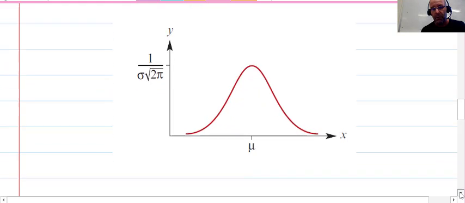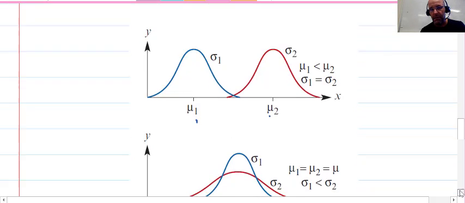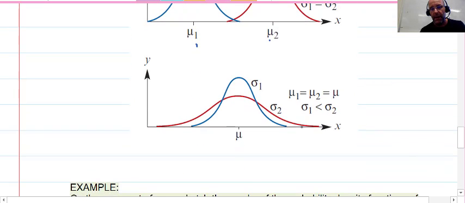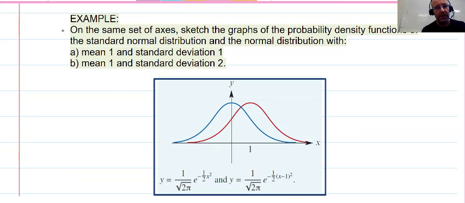Despite the means being different, these have the same area under the curve. We have different distributions here with the same mean. Again, the areas under the curve are preserved, so they're the same. The standardization is possible.